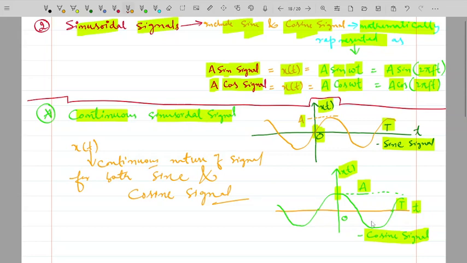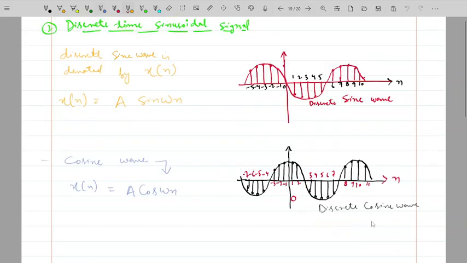Let's move to the discrete sinusoidal signal, the discrete time sinusoidal signal. Here you can see in these waveforms, the first waveform is for the discrete time sine wave, and the second one is for the discrete time cosine wave.